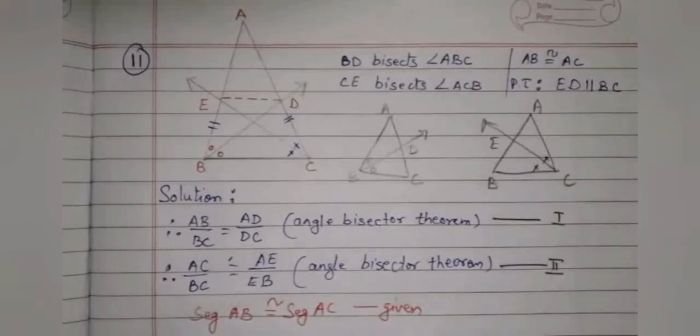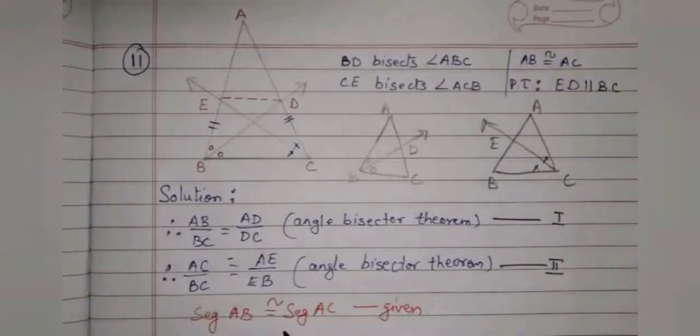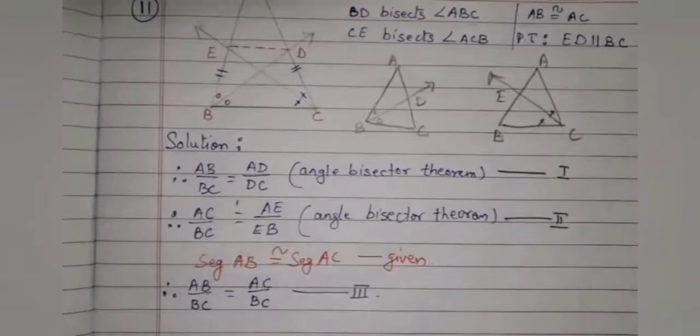The next thing given is AB congruent to AC. Both the segments are congruent. So AB upon BC will be equal to AC upon BC because AB and AC are congruent. So here we got AB upon BC equals AC upon BC as equation number 3.